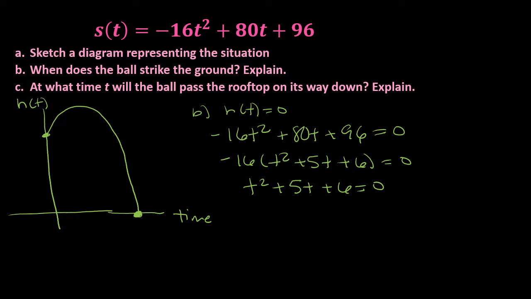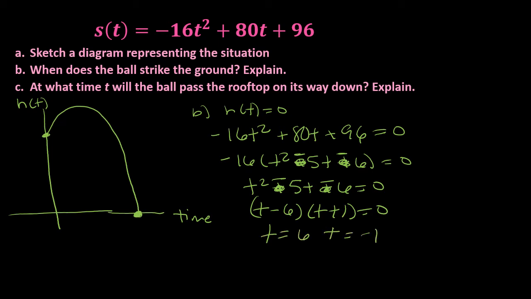And if I GCF out a negative 16, time out, this is going to change these two signs to negatives. Rough video day today. So now this is going to be t minus 6 times t plus 1 equals 0. So when time equals 6 or time equals negative 1, my height is 0.